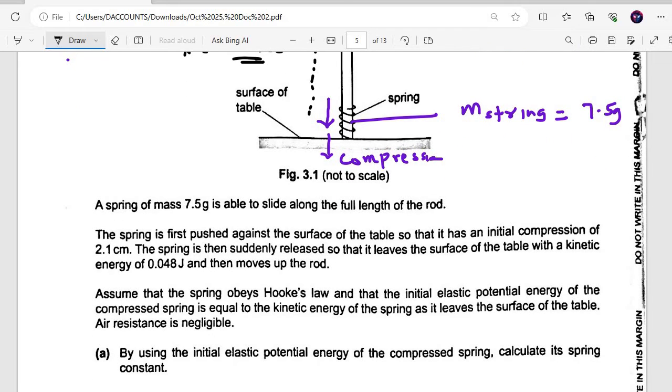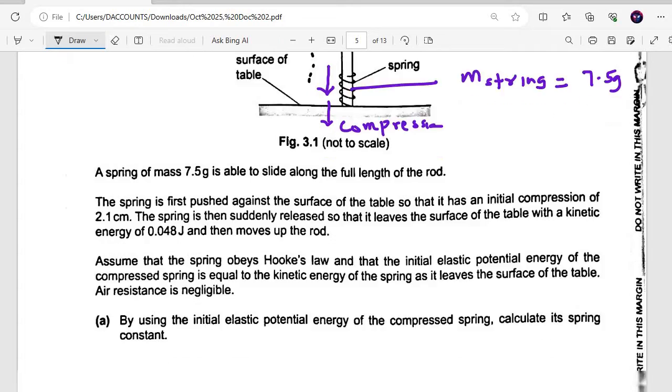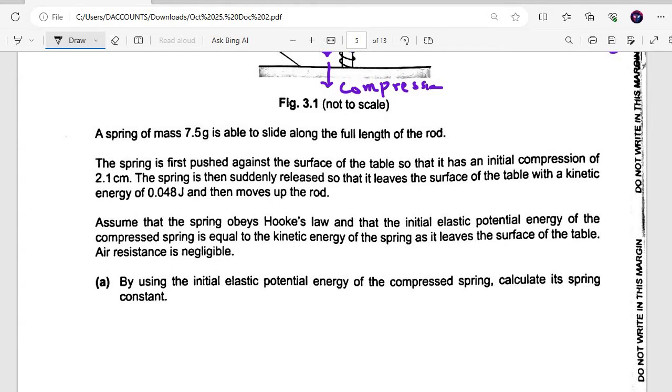So assume the spring obeys Hooke's law and the initial elastic potential energy of the compressed spring is equal to the kinetic energy of the spring as it leaves the surface of the table. Air resistance is negligible.